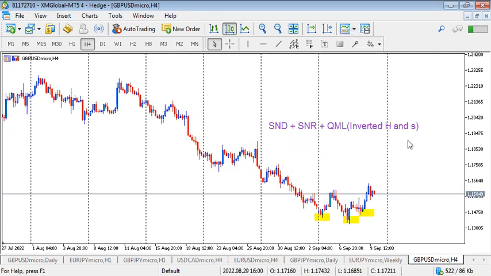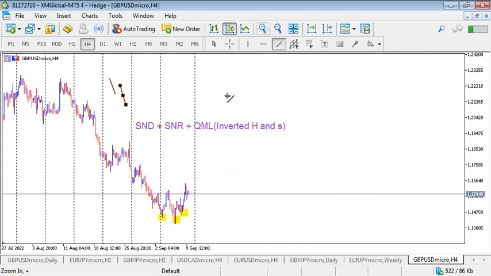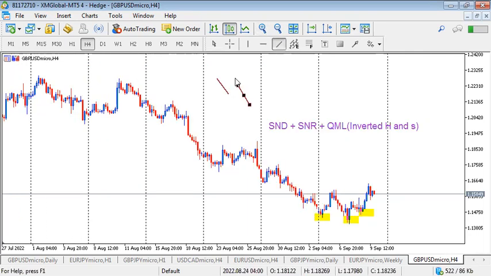And then when it gets to either of these regions, you narrow it down to the 50-minute. I always like confirmation entries. I rarely take risk entries.